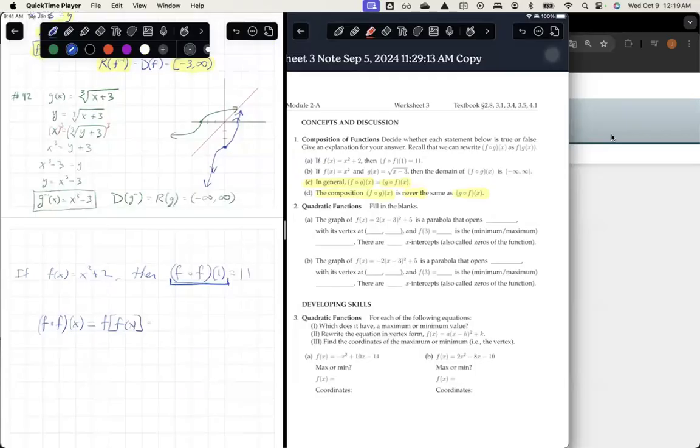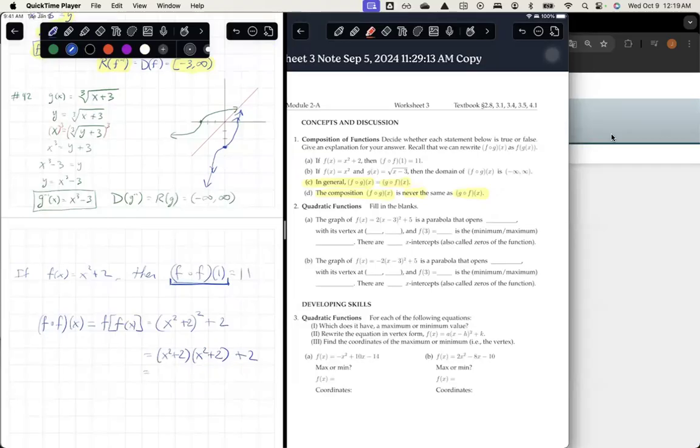Okay, so f is the function that takes something, squares it and adds 2, and we're going to plug into that f. Okay, this is not that fun. x squared plus 2 times x squared plus 2 plus 2.